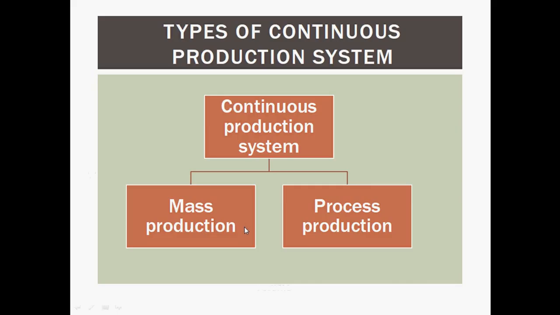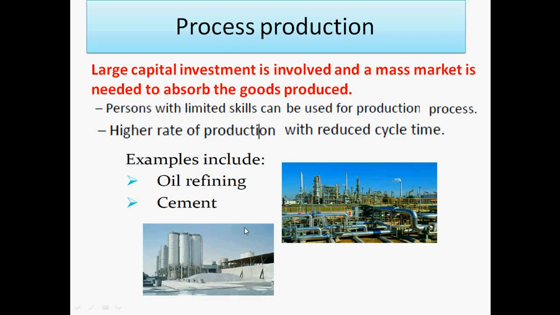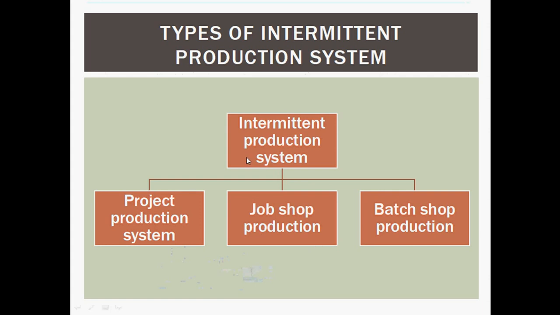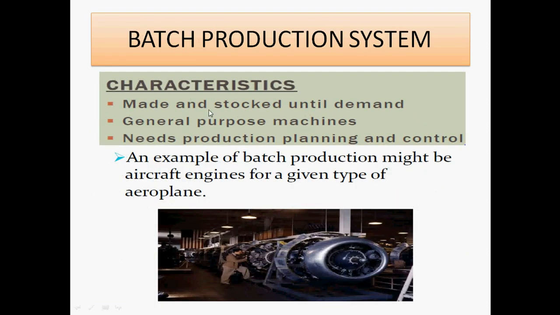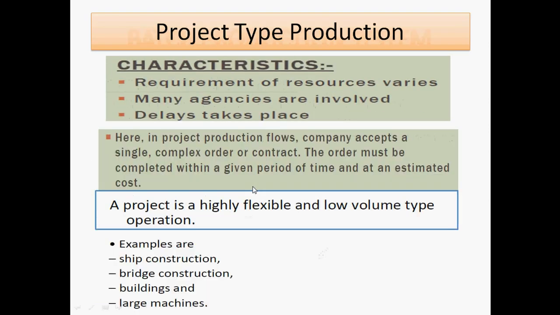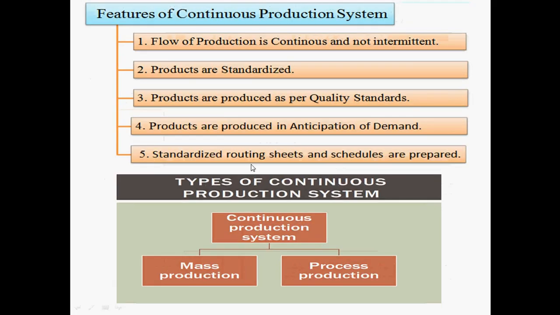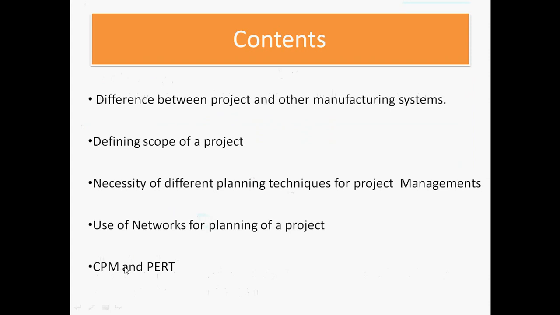We discussed mass production, process production, then intermediate production, and in project production systems, job shop production and batch shop production. If there are any queries, please ask me. In the next lecture we are going to discuss CPM and PERT. CPM and PERT are important.